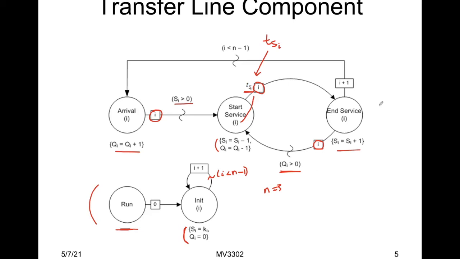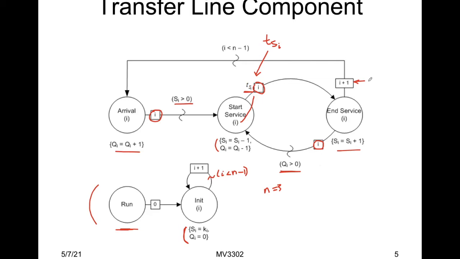But there's one more thing. If this is not the last workstation, then it will schedule an arrival at the next workstation. And what's the next workstation? If I'm at station I, the next one is station I+1. So this will schedule an arrival at station I+1, and the whole thing keeps going. The one time we don't do that is if we're at the last station.